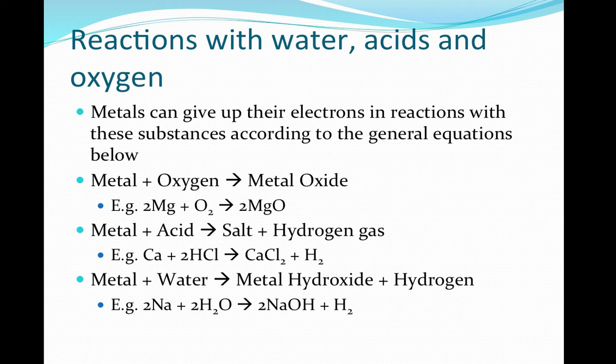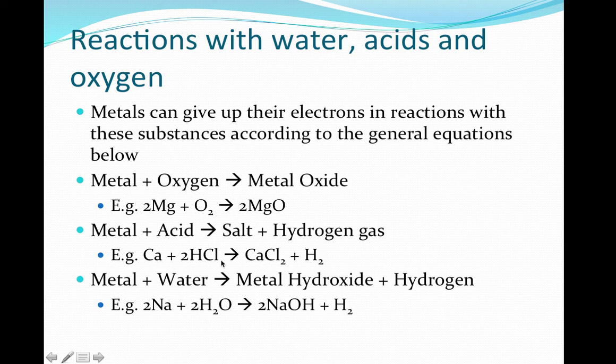If we're reacting with an acid, all acids have got hydrogen in them. We'll look at what makes it an acid later on, but they've all got hydrogen in them. And when they react, that hydrogen is given off as hydrogen gas, which remember is one of our diatomic gases, so H2. All acids, as well as the hydrogen cation, have also got an anion. In this case, it's the chloride ion.